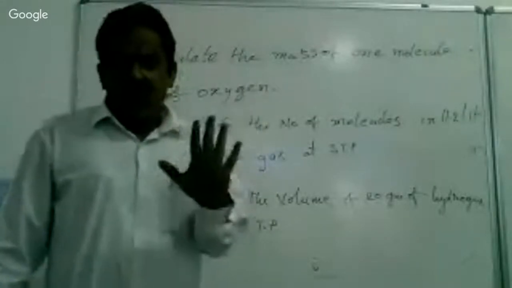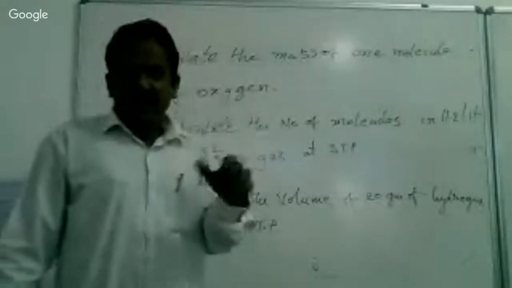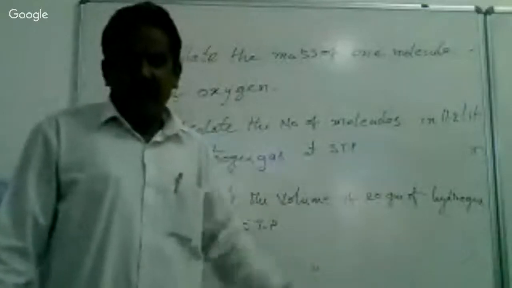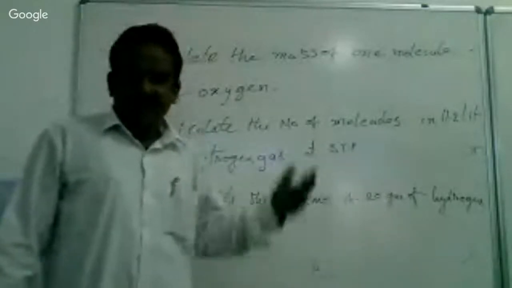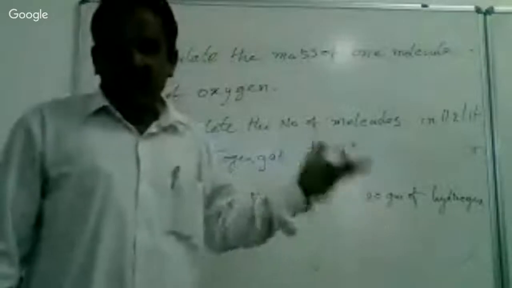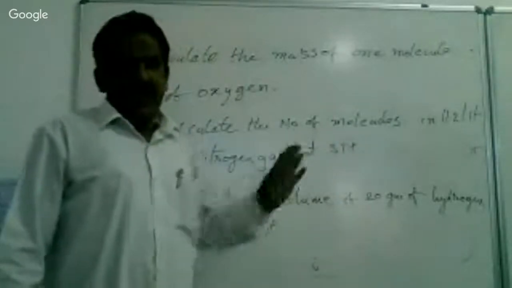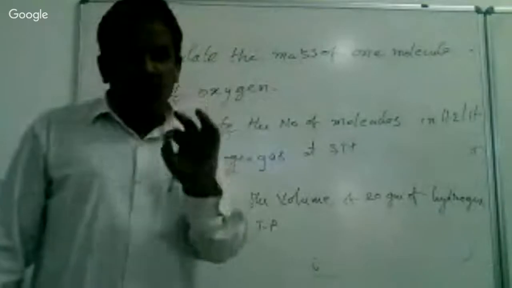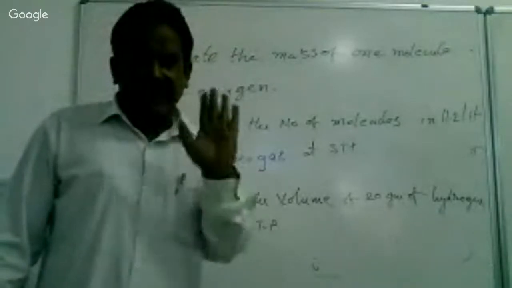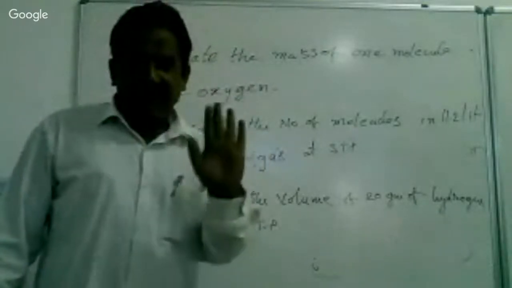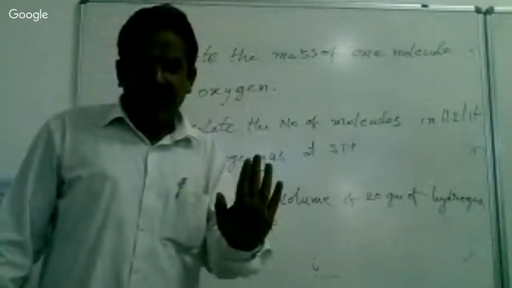And you know one atomic mass unit, the weight, I have already given you. One atomic mass unit is nothing but the atomic weight of hydrogen. So that's one important thing. Just know the relationship between gram atom, gram molecular weight, Avogadro's number and GMV.